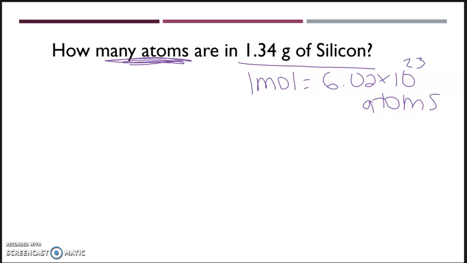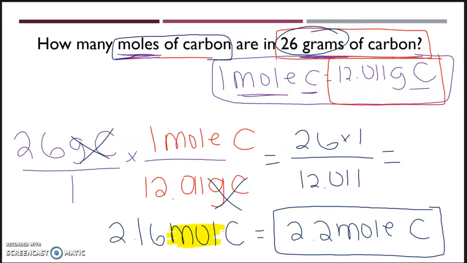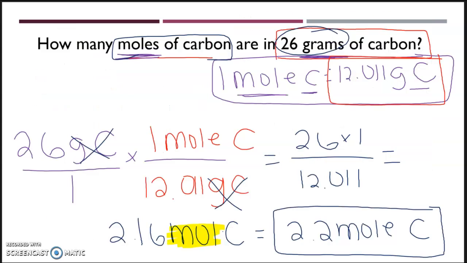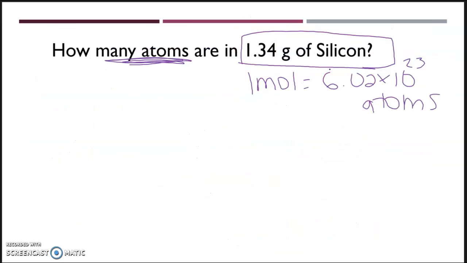Okay, so that's one conversion we're going to use, but looking at this problem, I have grams of silicone. So we need to go to our periodic table. And we find silicone, it's number 14. It has a molar mass of 28.086. So let me come back here, and that means 1 mole equals 28.086 grams of silicone.